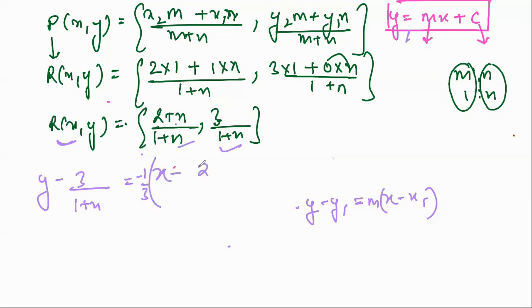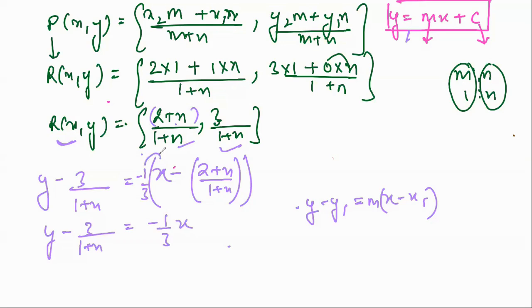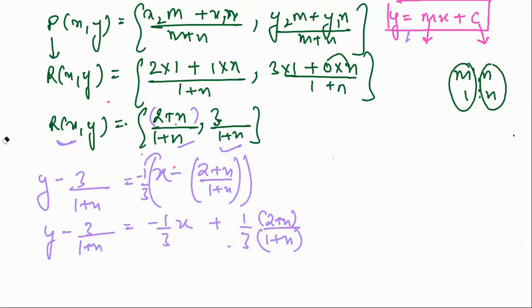This x1 is (2 plus n) over (1 plus n), and I'm putting it in brackets because there are two terms here. Now let's open the bracket, multiplying minus 1 by 3 with x, which gives minus x by 3 plus 1 by 3 times (2 plus n) over (1 plus n).